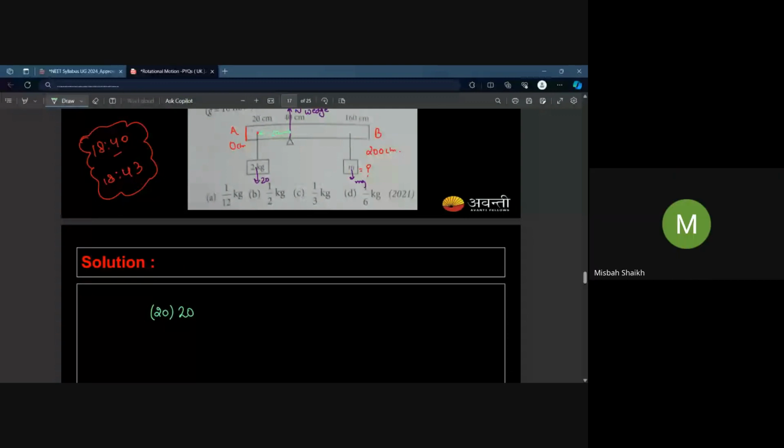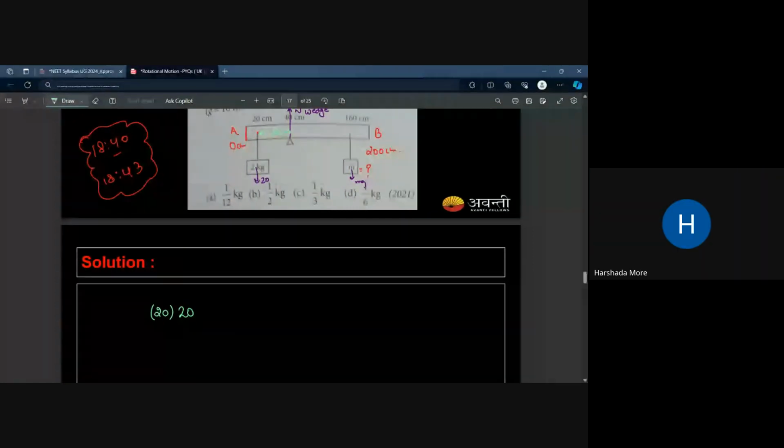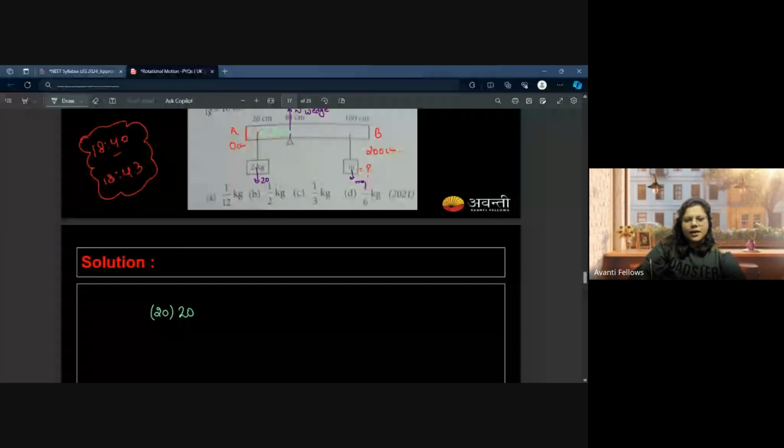Similarly, this mg force, right? This mg is at what distance from the wedge? Can you tell me the distance between wedge and the point mass m?